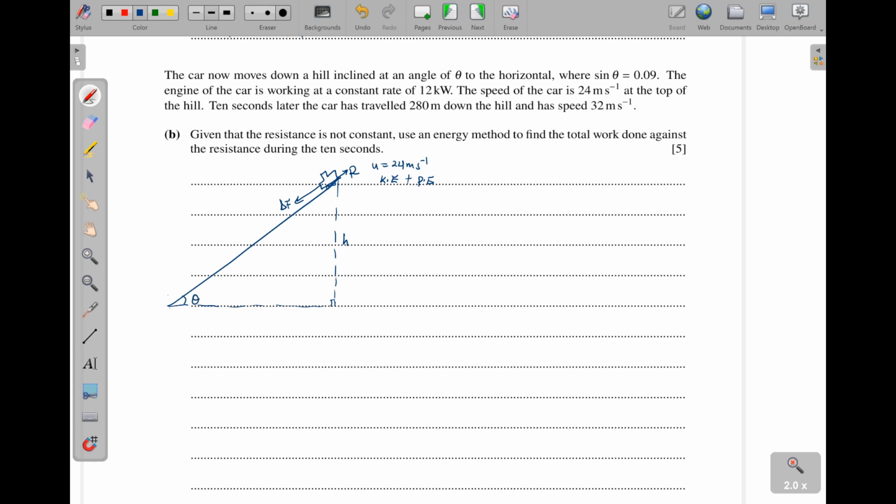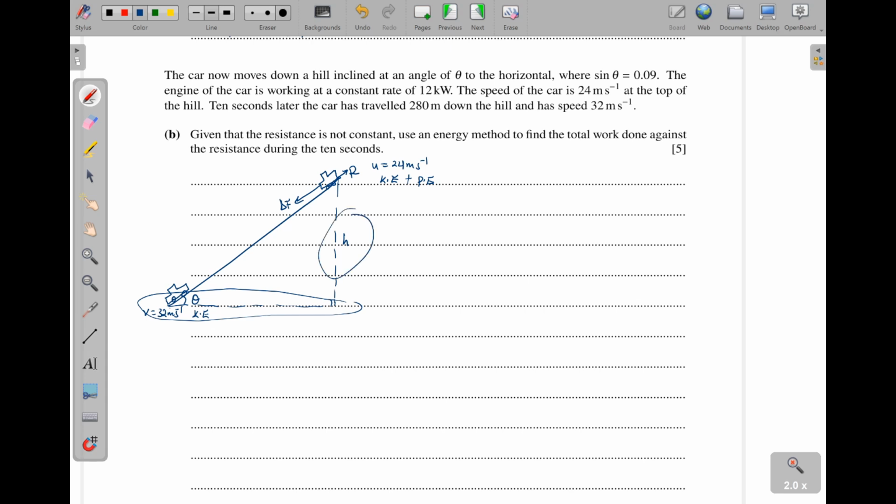Then the car will come down here, but by the time it reaches down here, it has a different speed, which they have said is 32. So let's say V here is equal to 32 meters per second. Because of this speed, the particle will have kinetic energy here, and using this as our reference point, it won't have potential energy.